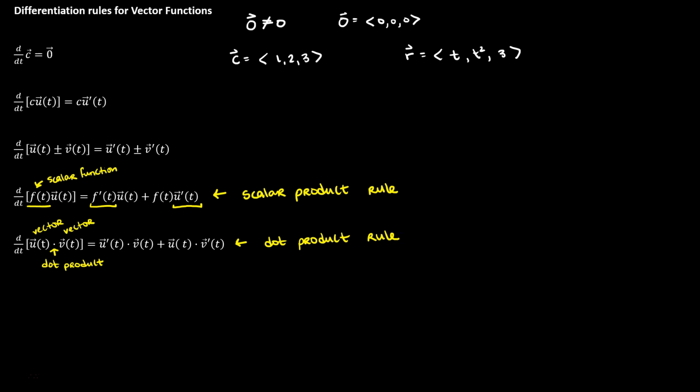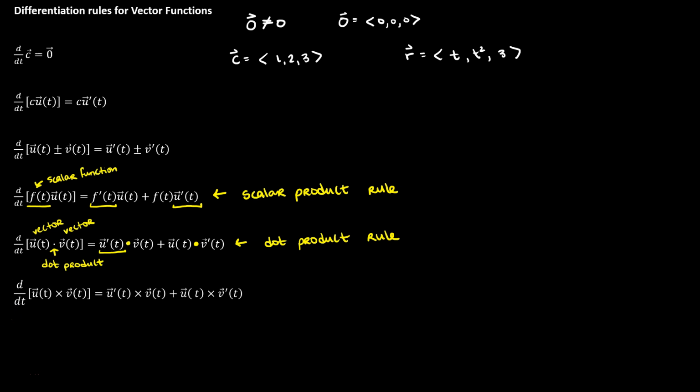We're taking the derivative of a product, but it's not a scalar product. This is a dot product. It follows the same pattern as the other product rules we've heard of, but notice that we're taking derivatives of a vector and then dotting that with the other vector. And this is an important difference because if you compare this to the scalar product rule, we don't have a dot product going on there, but in this product rule, we do have dot products in each of these terms.